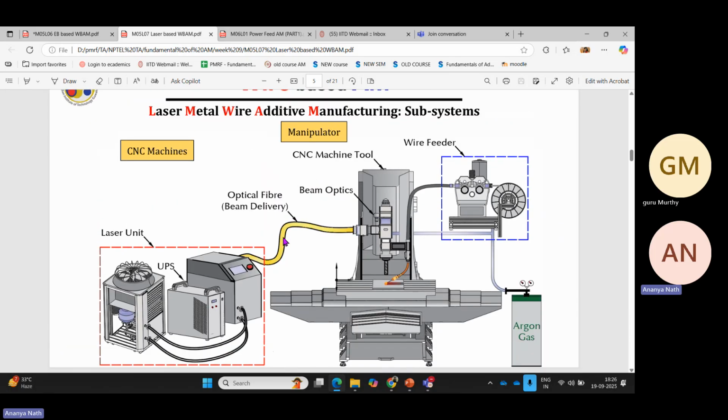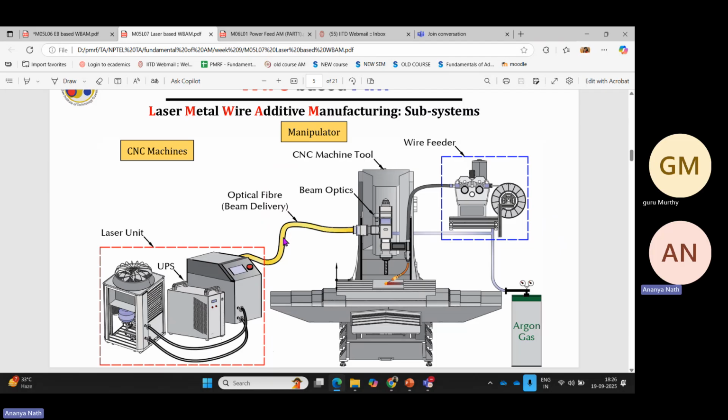So in laser based AM, for laser, you don't need to have a very high vacuum chamber. It's okay to process in an open atmosphere, or it's better to process it in a controlled atmosphere, in the presence of an inert gas.